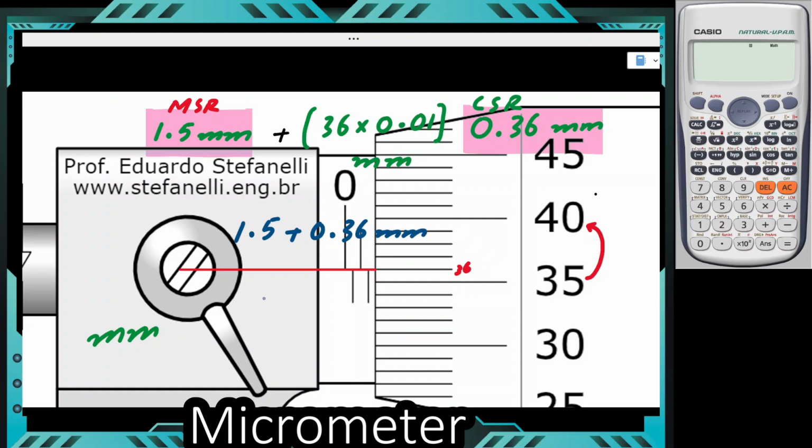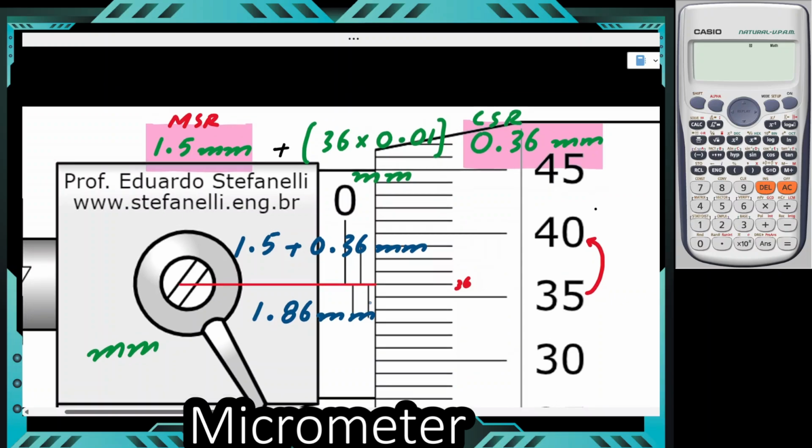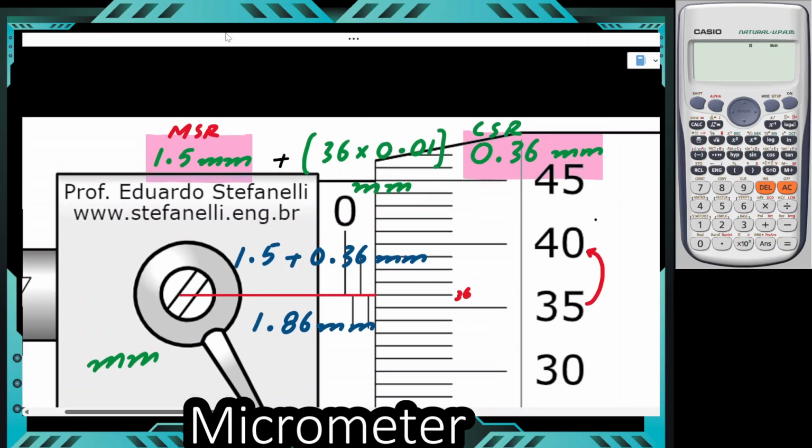All right, and what do we get? 1.86 millimeters. And this is how you need to write the final answer. The final answer of the reading of the micrometer should be written to 2 decimal places in millimeters. So 1.86 millimeters.